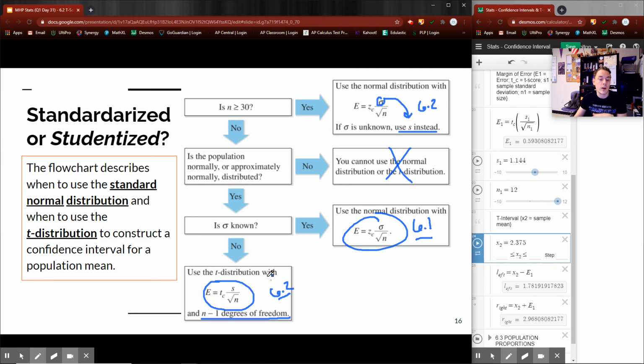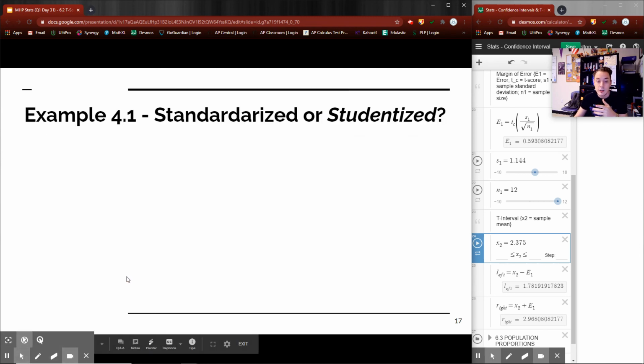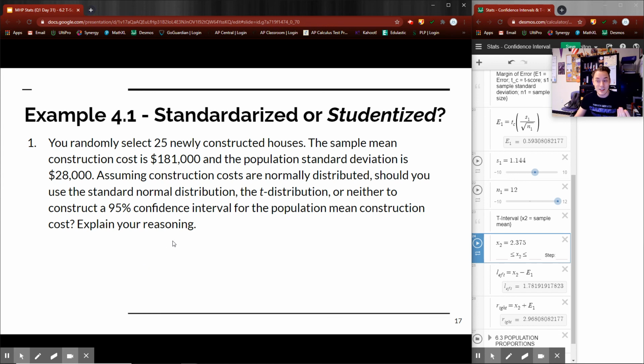And it's very, very important when you use which one, because MyMathLab is not always going to distinguish between the two. So let's kind of try this out. Standardize, or what we call studentize. So 6.1 for standardize, or 6.2 for studentize. You randomly select 25 newly constructed houses. So automatically, it's not greater than 30.